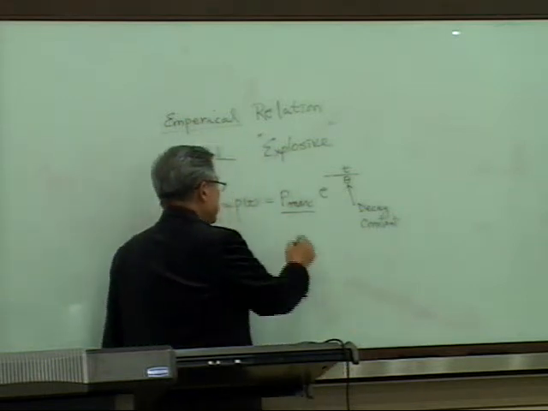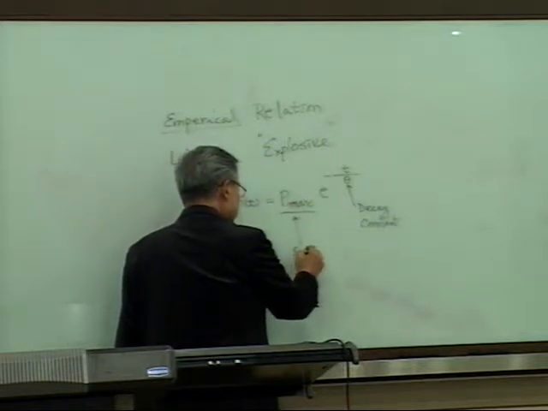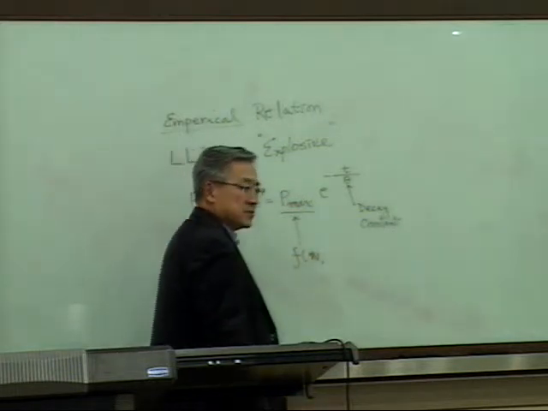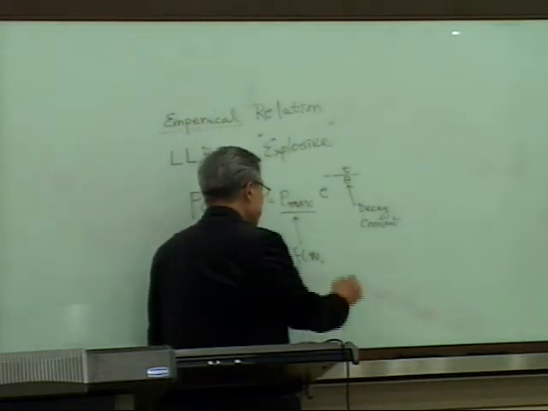And P max, the maximum pressure, is a function of charge weight. I always use W for charge weight, and the charge type.